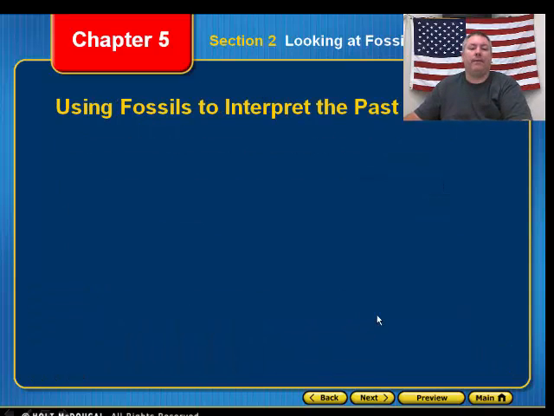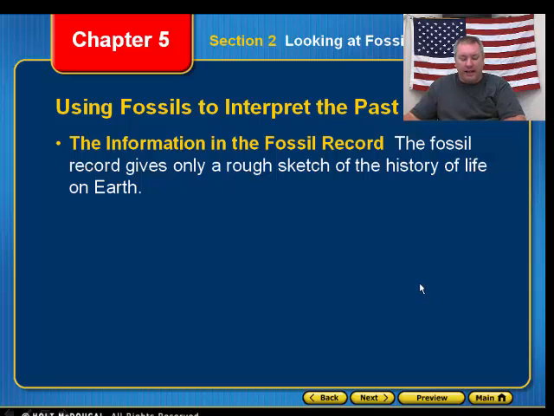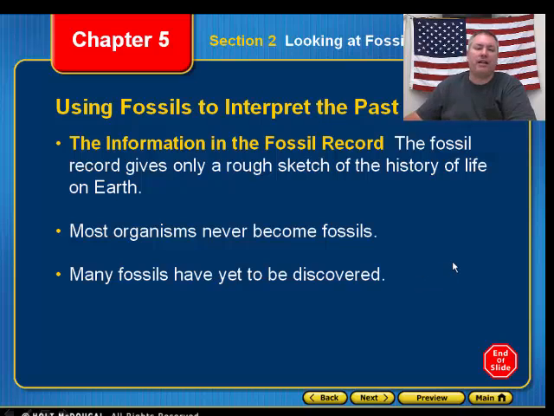Okay. Now, let's talk about looking at the fossil record. When we look at the fossil record, the information it gives us is actually very incomplete. It's very sketchy, all right, because the only organisms that were fossilized are those that had hard body parts.